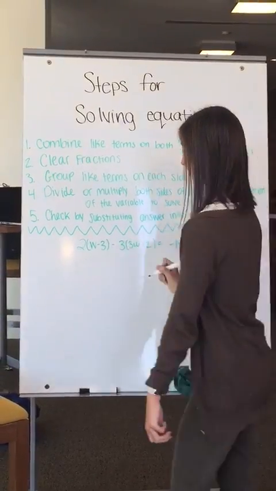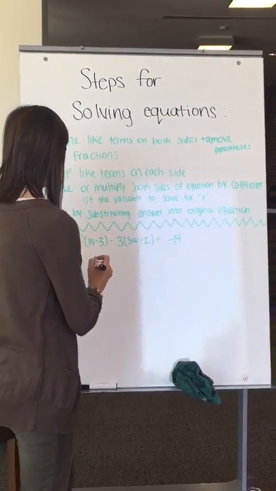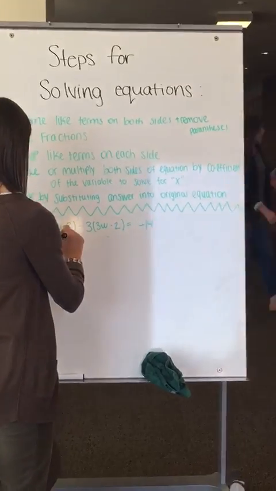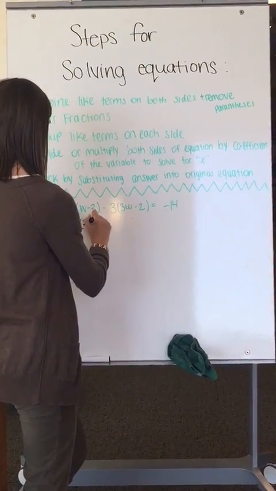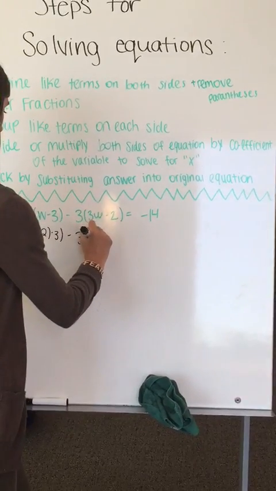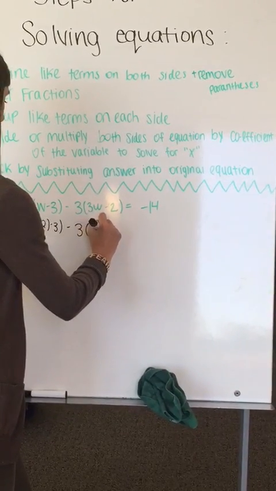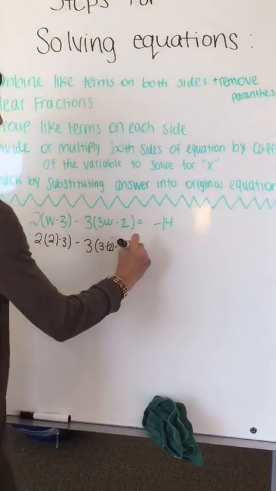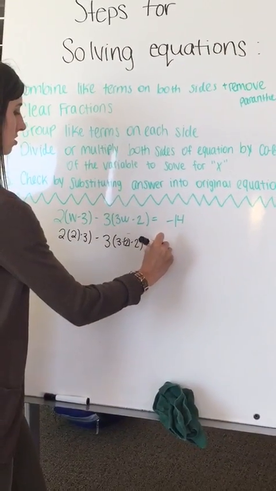So we're going to have 2, and then the 2 is going to go here for the w, -3, and then we're going to put our 2 in for the w, -2 in brackets, and we're just going to rewrite that equation.